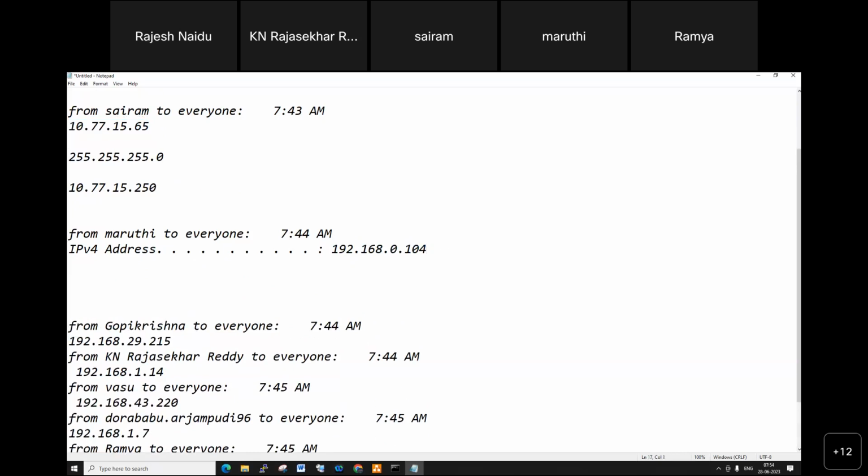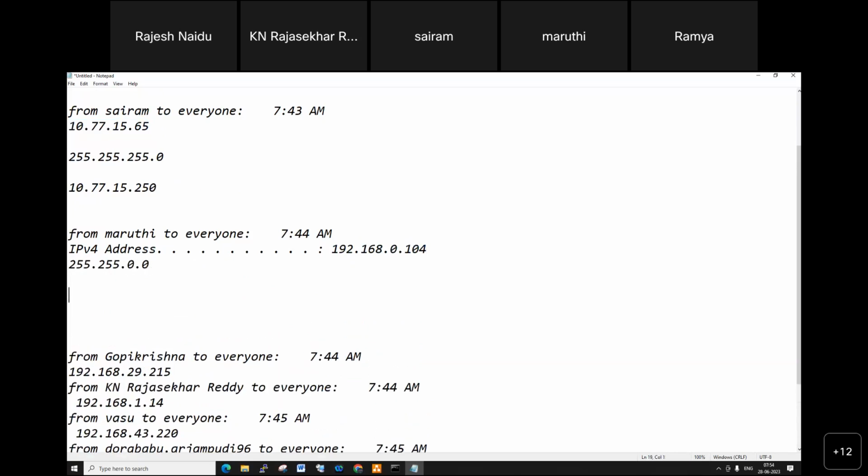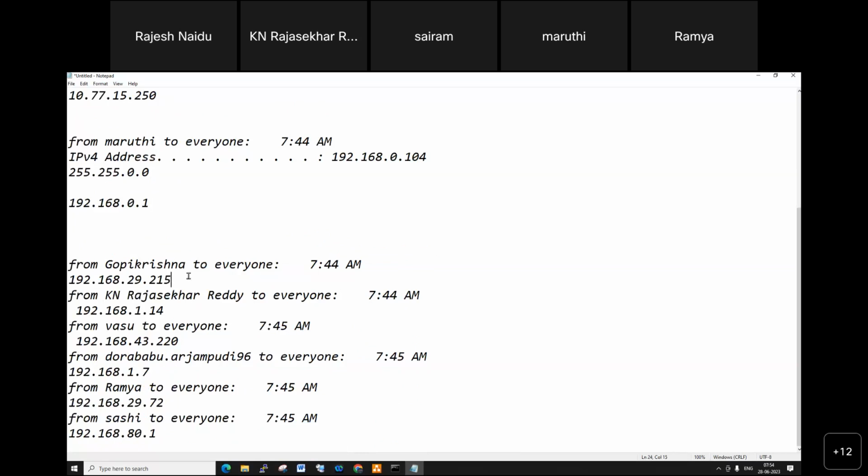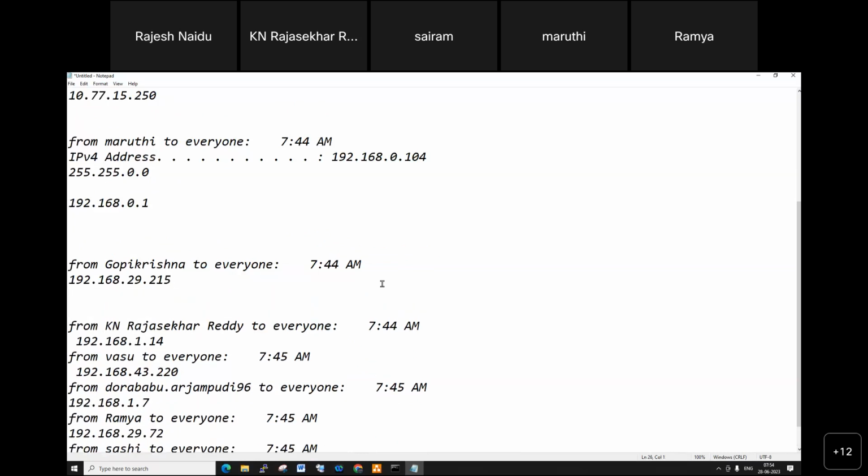So, Maruti, what is your subnet mask? 255.255.0.0, right? So in this case, your gateway address is 192.168.0.1. Can you please check that? Yes, correct. Okay. Gopi Krishna, your IP address is also the same thing, I think. Maybe you can check whether your subnet mask is 255.255.255.0 or maybe 255.255.0.0.